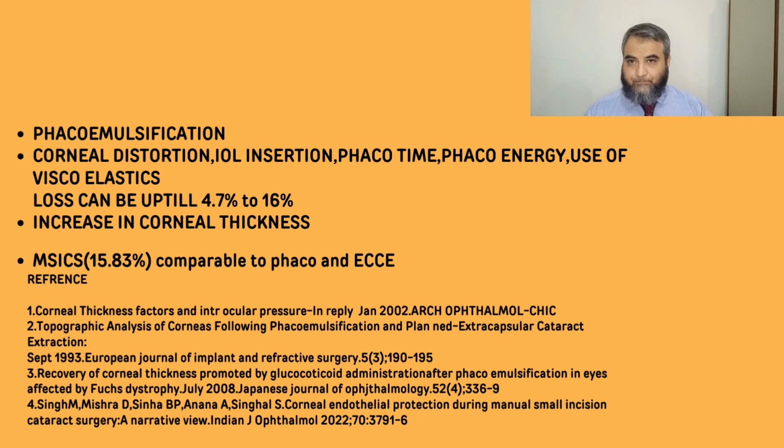count patients. So what happens is that when we do cataract surgery, whether phacoemulsification, extracapsular cataract extraction, or even manual small incision cataract extraction, endothelial cells come under stress, and there is documented loss of the cells.